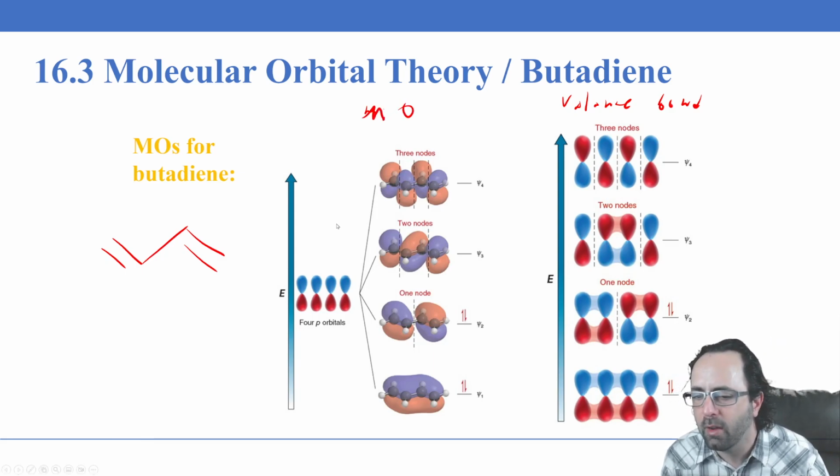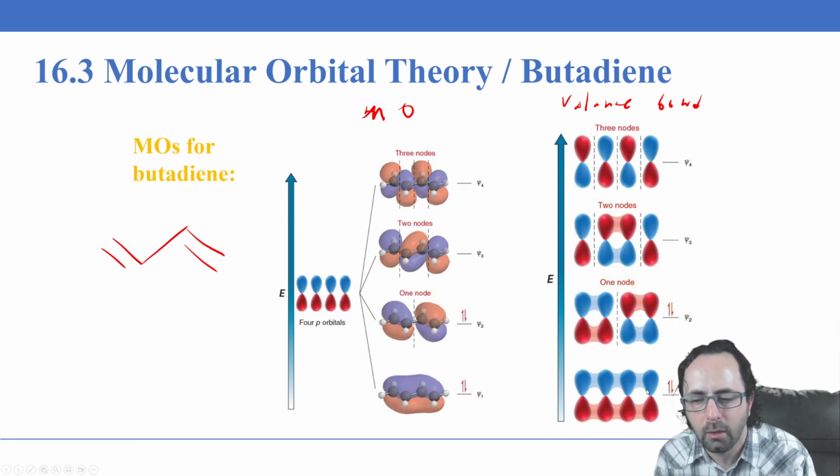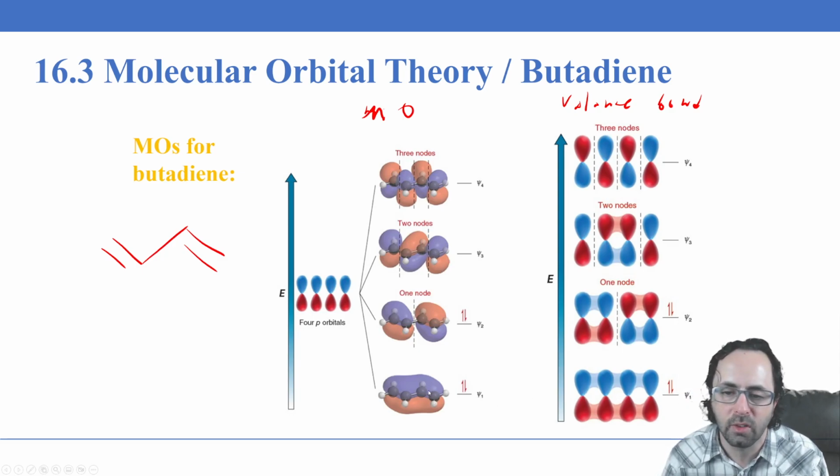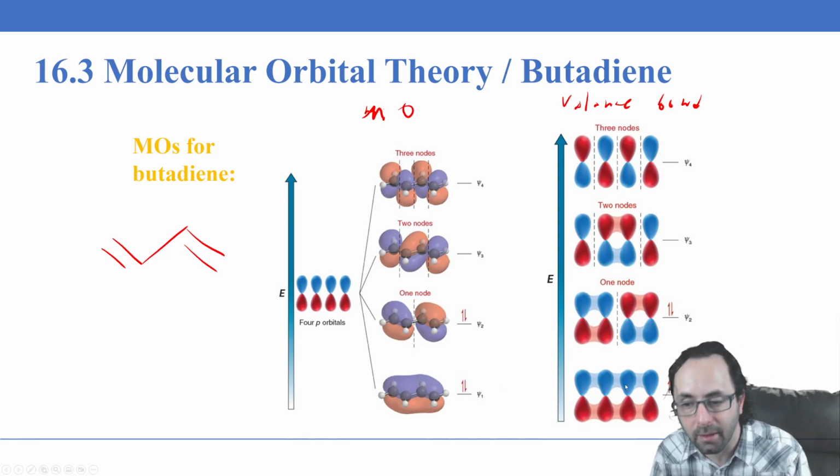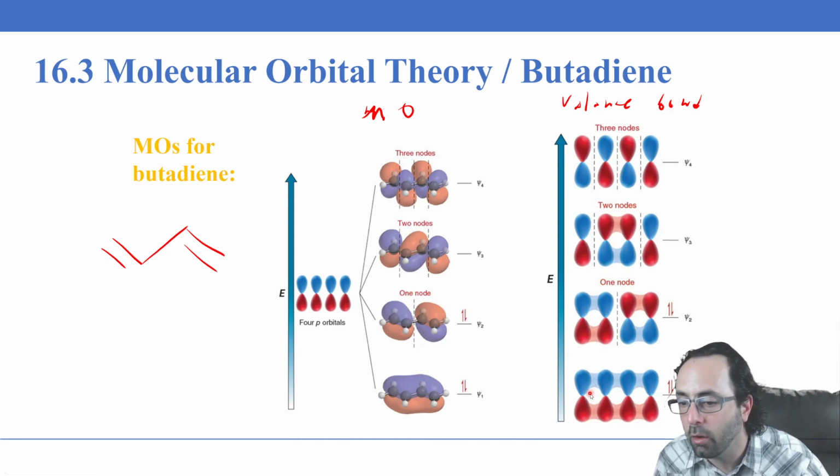So you kind of have a parallel between a situation in valence bond theory images here versus molecular orbital ones. The molecular orbital that is, in a sense, analogous to the sideways overlap of all these orbitals is the one that extends across the entire molecule of 1,3-butadiene, across all carbons.